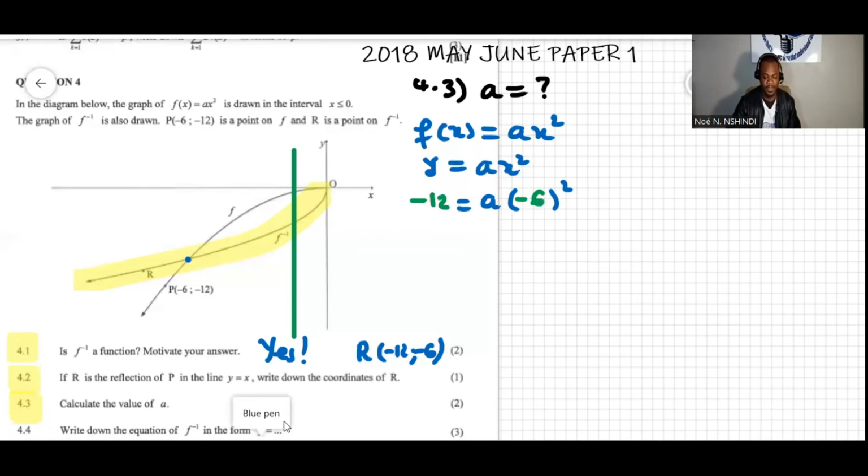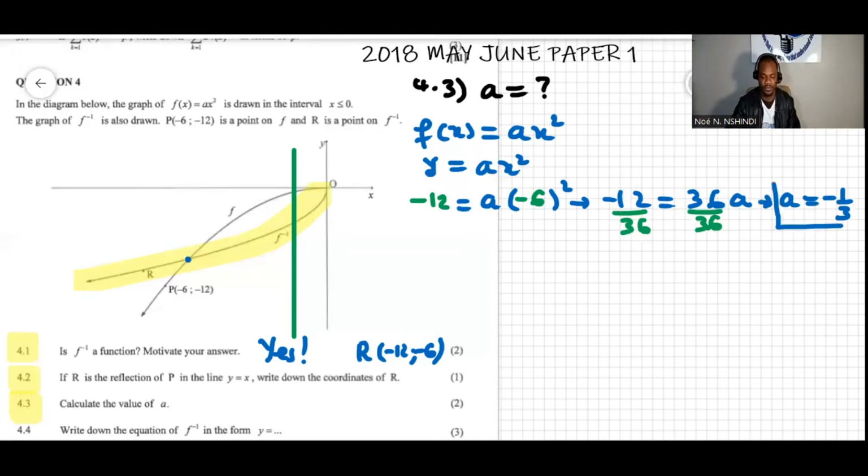This will then become -12 = 36a. If we divide both sides by 36, we get a = -1/3. So that's the value of a.